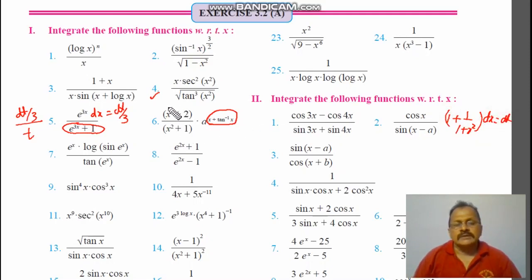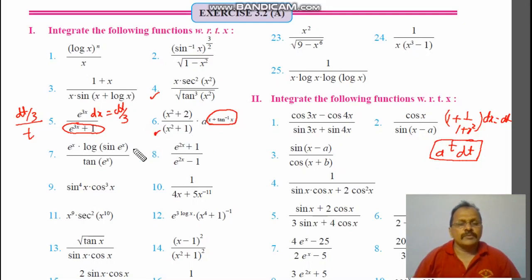That means this x square plus 2 upon x square plus 1 times dx will become dt, and the problem will reduce to a raised to t dt. A raised to t dt, its integration can be found out easily.